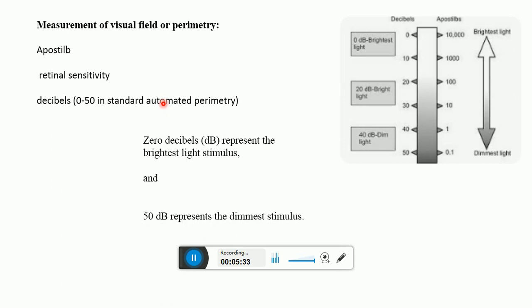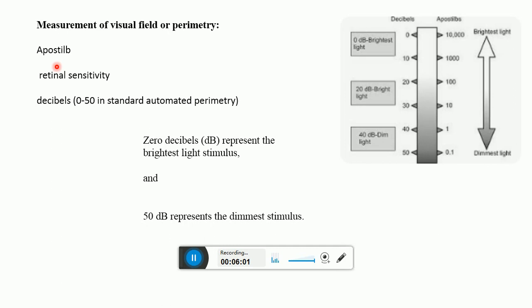The sensitivity of the retina of a healthy individual is highest at the fovea and then reduces towards the periphery. Now the intensity of the light stimulus is measured in apostilb. However, apostilb and retinal sensitivity are inversely proportional to each other.